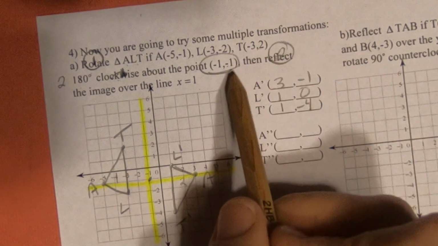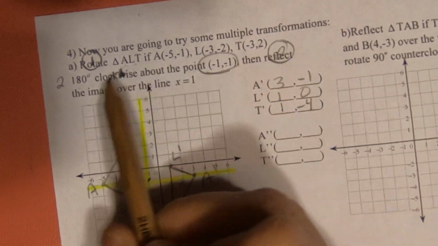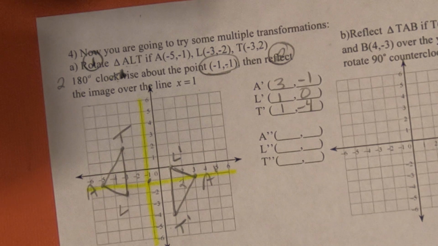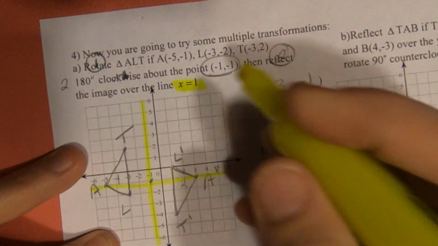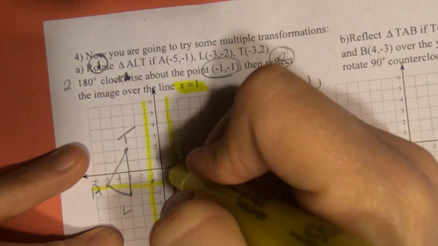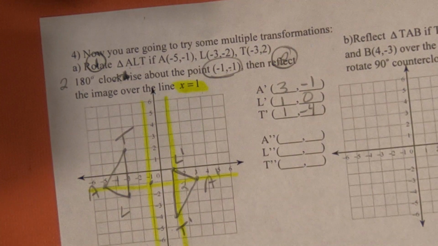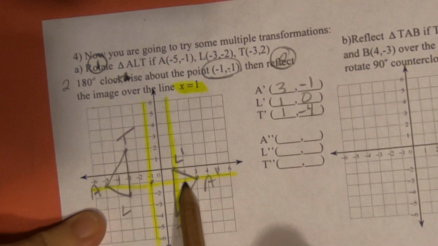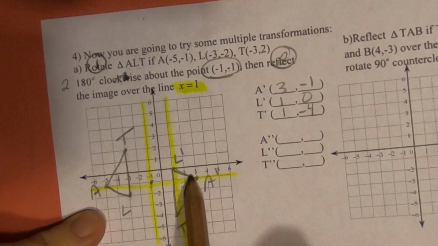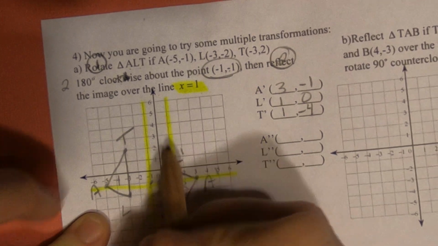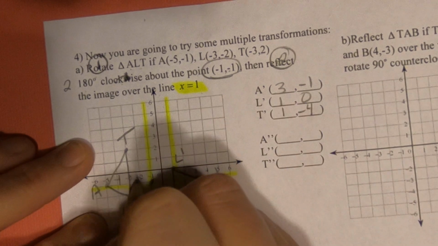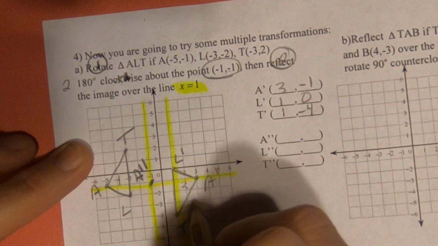We're going to put a third shape in there by reflecting it over the line x equals 1. So if x equals 1, that's this line here, we are going to take this image, our new image, and flip it over that line. So we go, just like we did before, count 1, 2, 1, 2. So A prime would actually land on this point here. Sorry, A double prime.